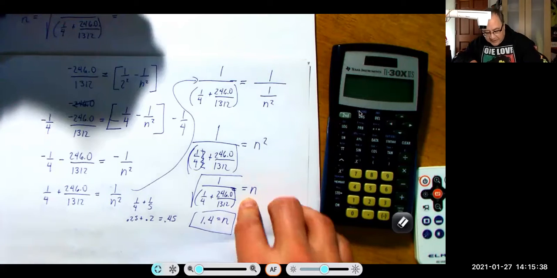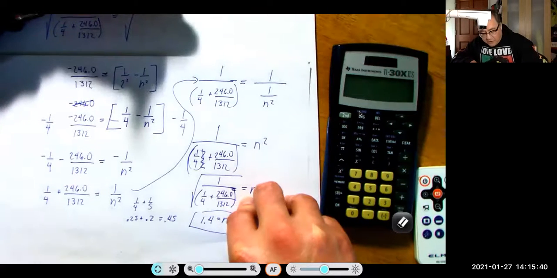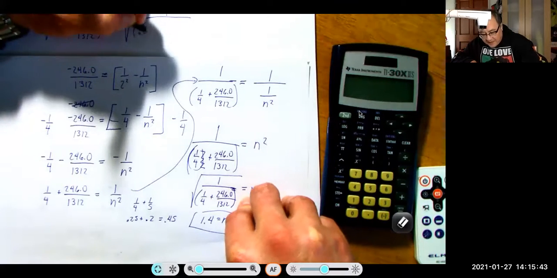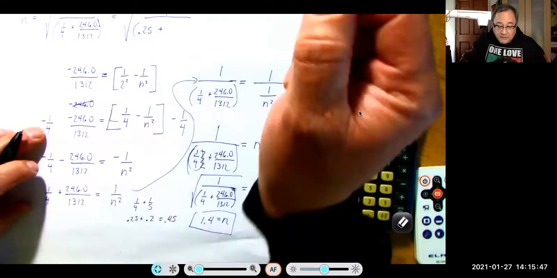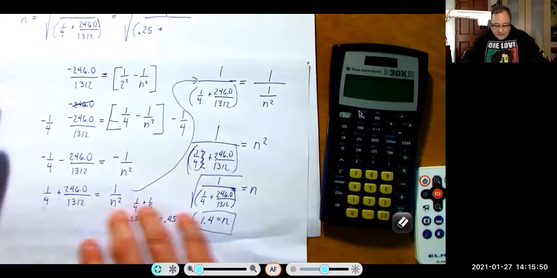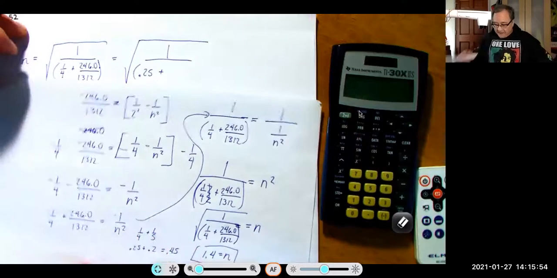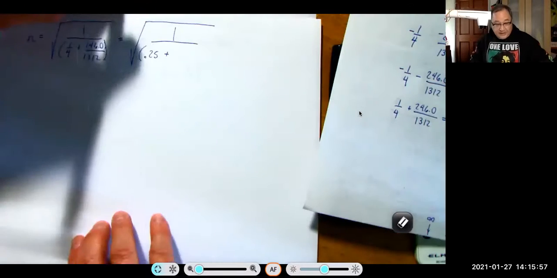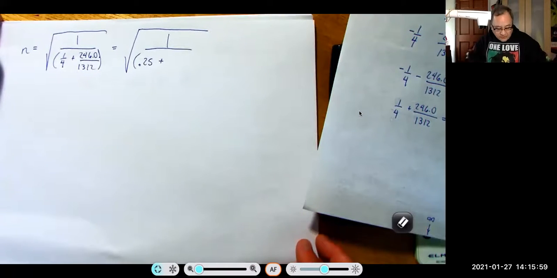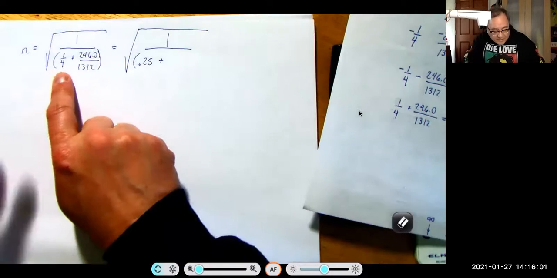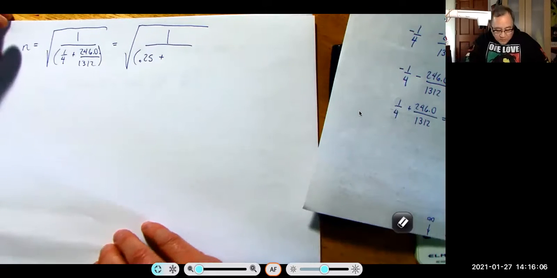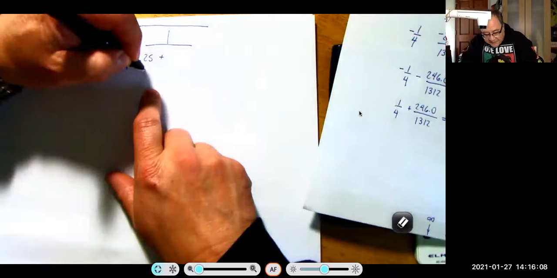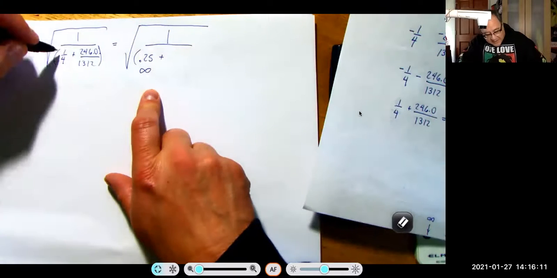So when I work it out here, I get 1 over 0.25 plus, and this 0.25, since the 1 is exact and the 4 is exact, you can't see what I'm writing very well. I apologize. So I'm going to move that down a little bit so that you can see it. So I've written everything again, but the n on the left and everything else on the right. And then 1/4 is 0.25, and this has infinity significant figures because the 1 is exact and so is the 4.